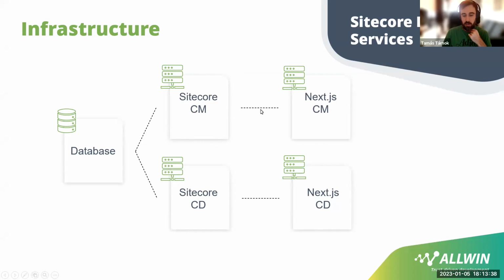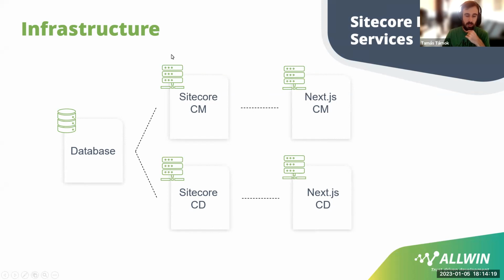But in the headless world, of course, we also have to deploy somewhere our front-end application, which shows the actual data of the content management server or the content delivery server. So for that, we have a separated Next.js content management server and a separated Next.js content delivery server or servers. We made this decision on the project to have two separated front-end applications, one for content management and one for content delivery, because it's just easier to handle like this.